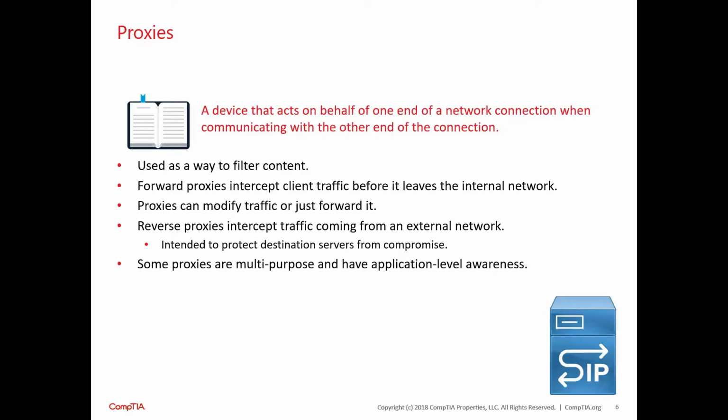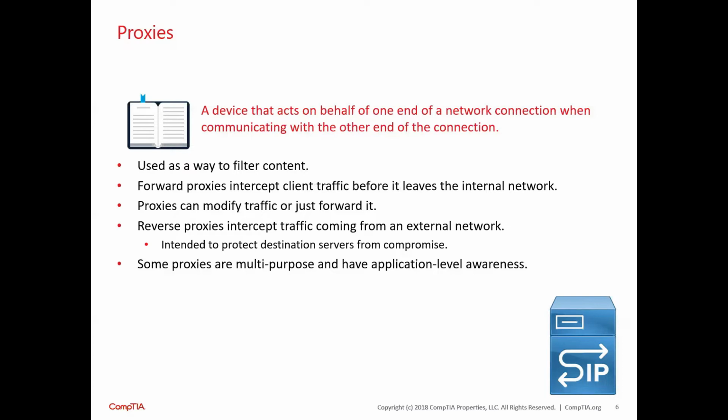And then we have proxies, a device that acts on behalf of one end of the network connection when communicating with others. You can use a proxy to speed up the process of connecting to the target hosts. It is used as a way to filter content. A forward proxy intercepts client traffic before it leaves the network, and you can modify traffic and just forward it.